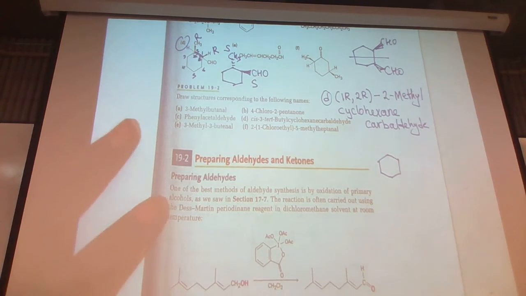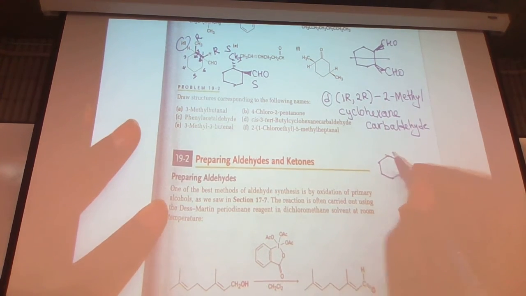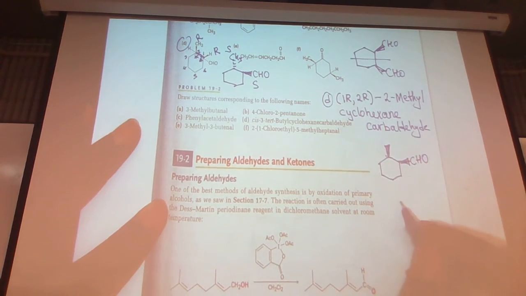So that means I can still draw something like this with the methyl, with them being cis to each other, right? So we could draw this. You could draw that.